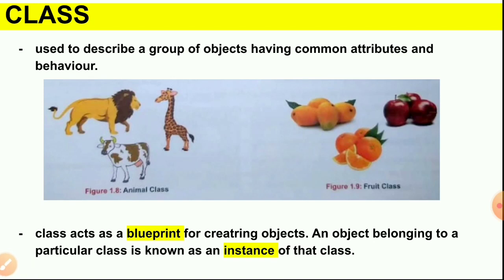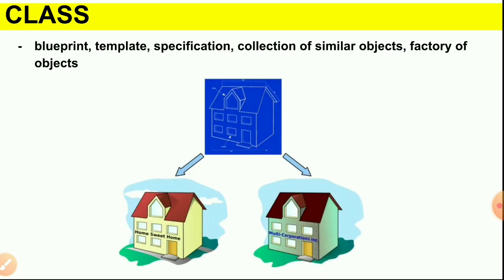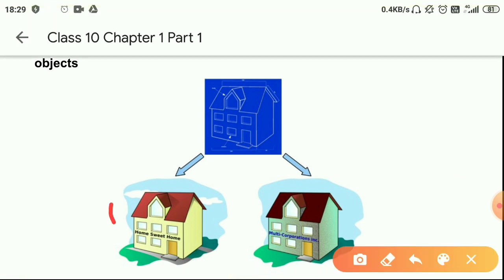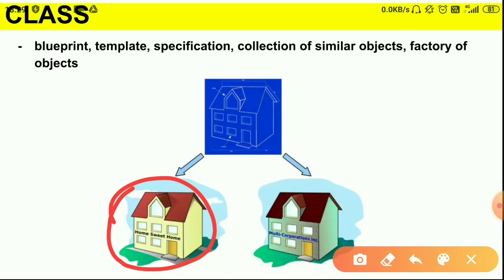Class acts as a blueprint for creating objects. And when you create an object of a particular class, that is known as an instance, okay? This house is an instance of the house class, okay?